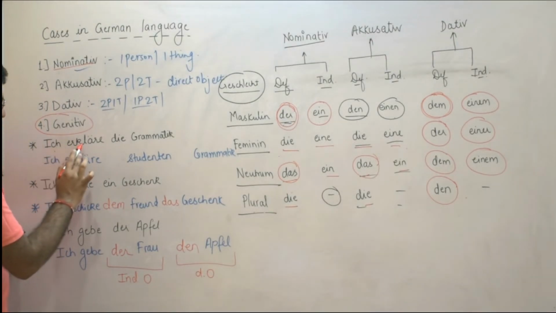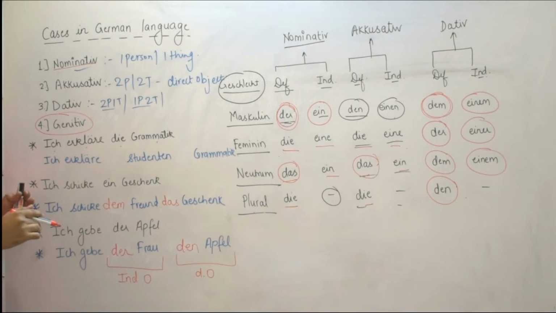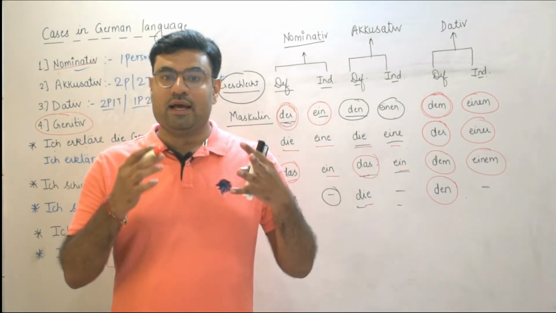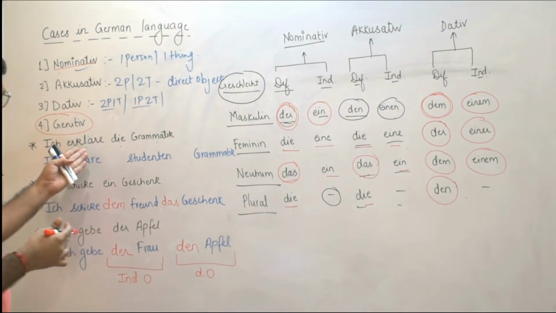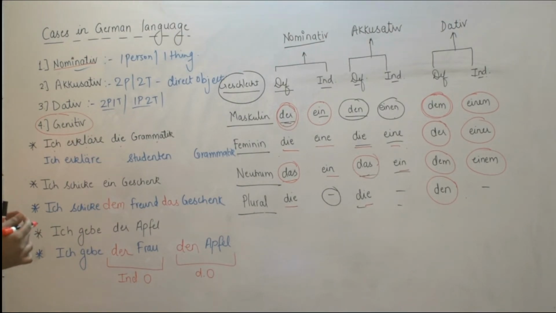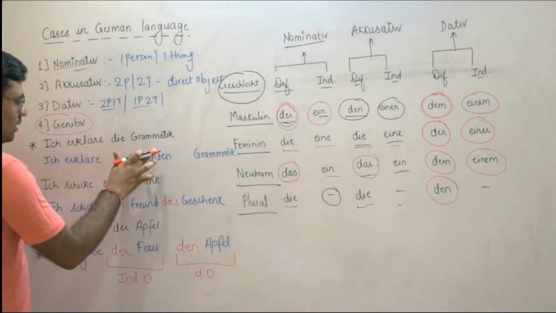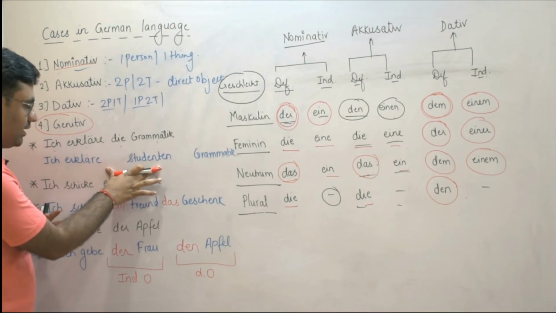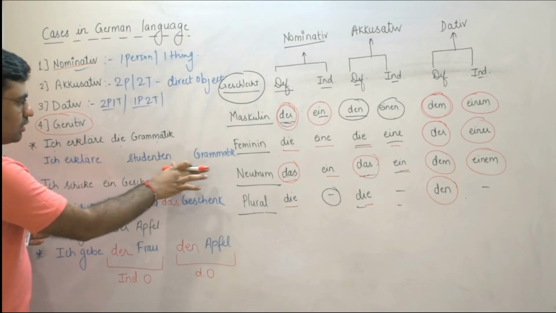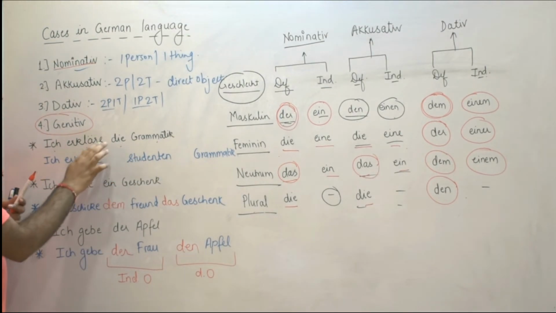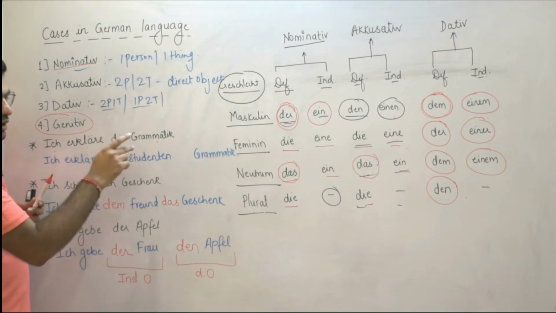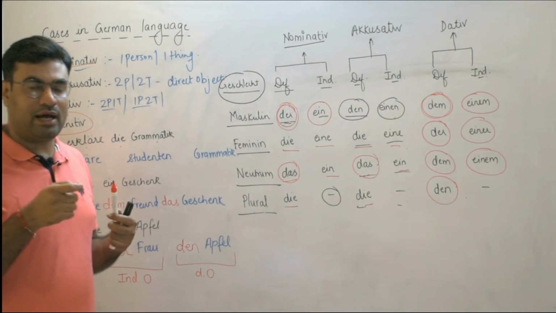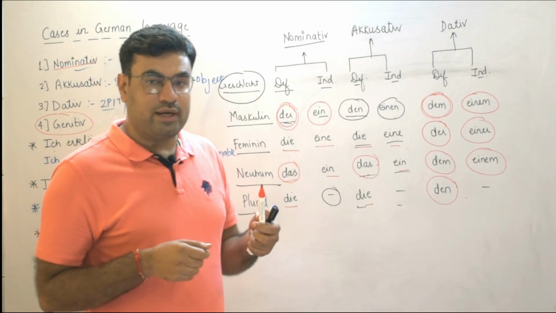Next one. Ich erkläre die Grammatik. I am explaining the grammar. Erklären means to explain. So ich erkläre. Now, if I use a third party in the sentence, an indirect object, then what will be the case? Ich erkläre die Grammatik. And I am using Studenten, meaning I am explaining grammar to students.